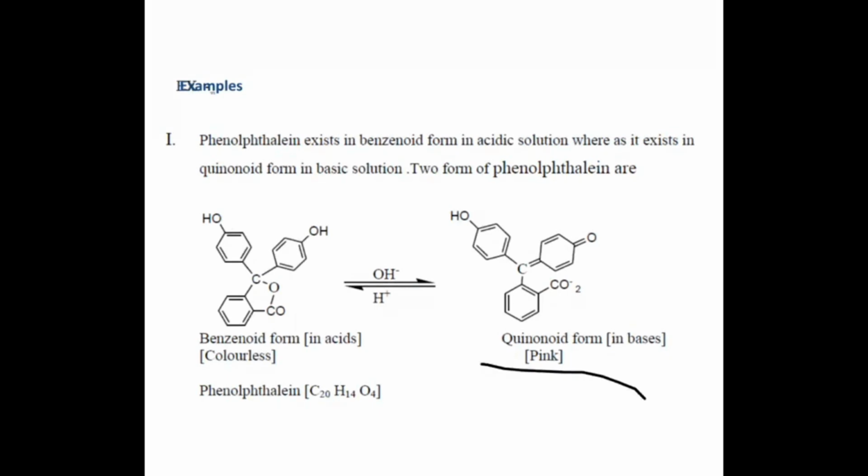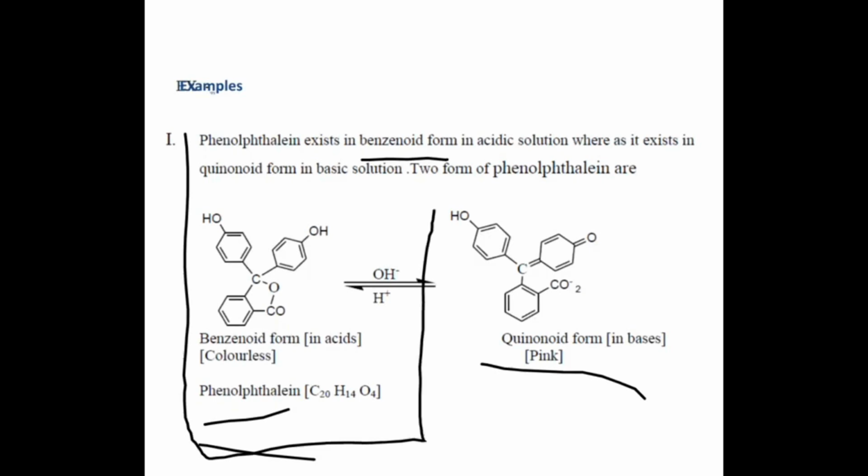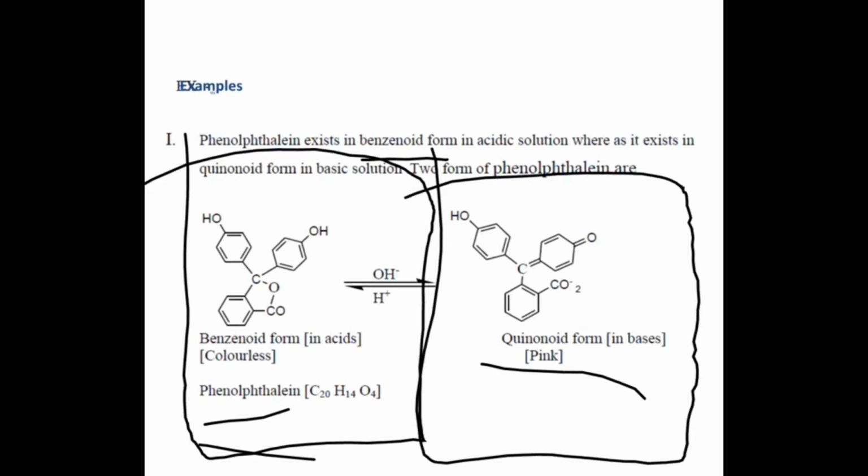Here phenolphthalein exists in the benzoate form in acidic media. This is the structure of phenolphthalein, C20H14O4. Phenolphthalein is an indicator. In acidic media it will be in the benzoate form, and in the quinonide form in basic media.